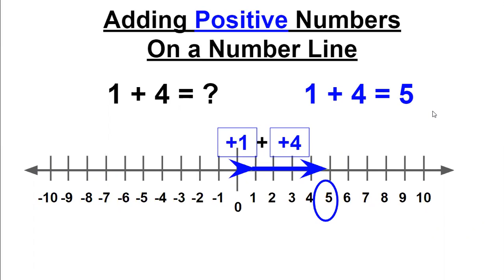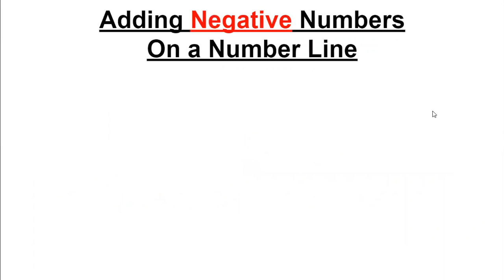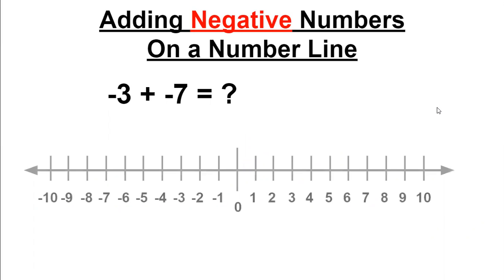What about when we add negative numbers on a number line? What is negative 3 plus negative 7? Remember, we can think of it as debts that you owe somebody. So let's show that on a number line. There's our number line. Which direction is my arrow going to go?